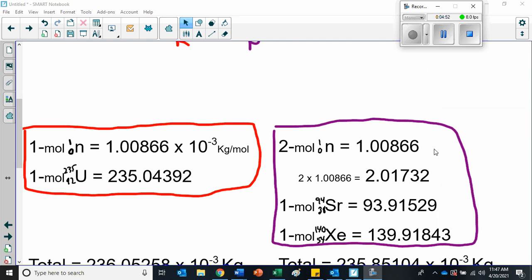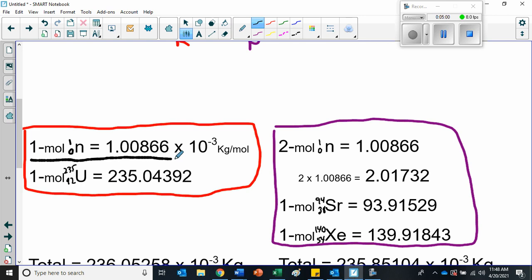The one big thing to denote, I have a couple points to talk about. When you see the mass of the selected nuclides, it is technically times 10 to the negative 3 kilograms per mole. And so when we go 1 mole times 10 to the negative 3 kilograms per mole, our moles will cancel and we're left with times 10 to the negative 3 kilograms.